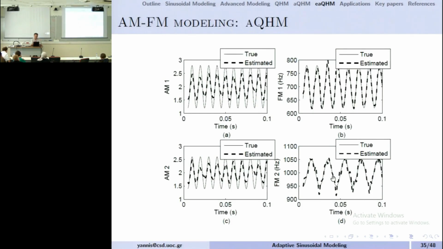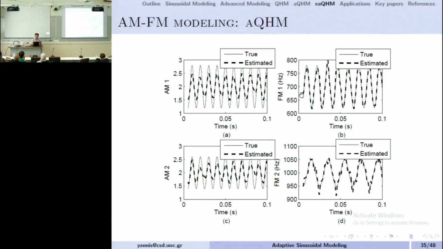So here is now AM/FM with two components. You see here the amplitude modulation and the frequency modulation. Imagine now the adaptive quasi-harmonic model adapts to the frequency content of the input speech. So the FM part is very good.